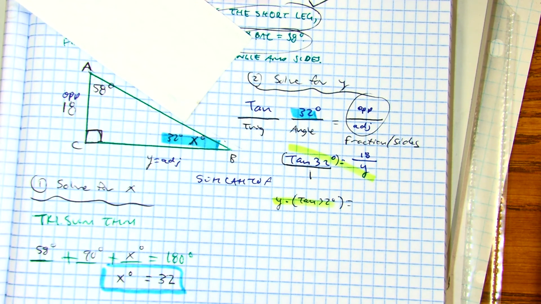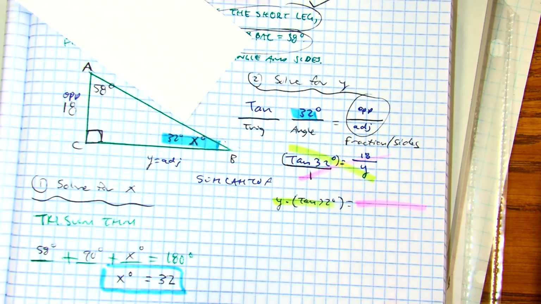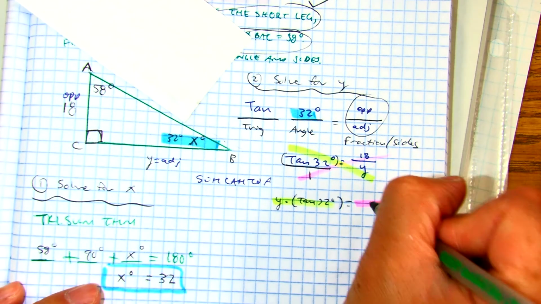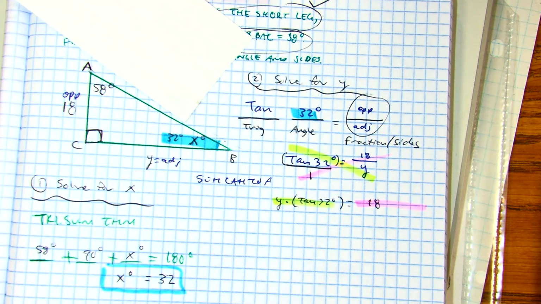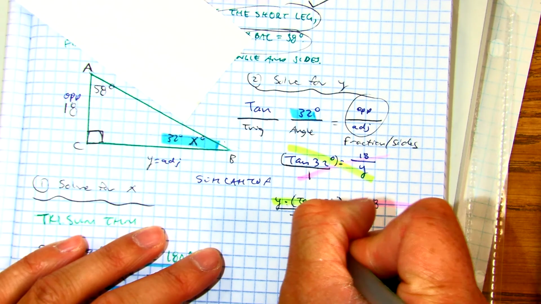And if you cross multiply here, that is what? 18. Class, how do you solve for Y? Divide, because you see multiplication here. So I'm going to divide both sides by tangent of 32 degrees.